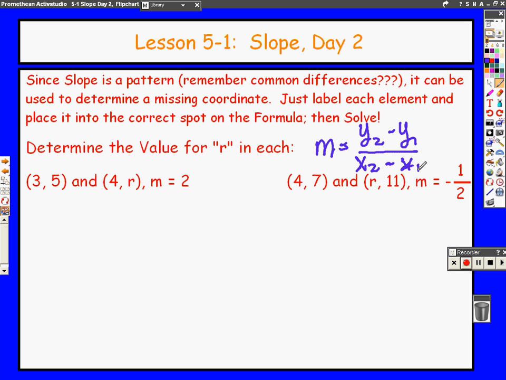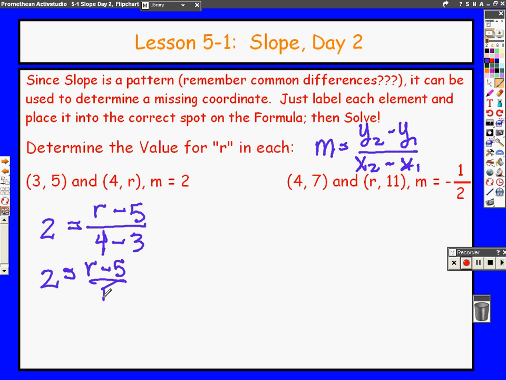Okay? So we're going to use the slope formula and substitute in 2 for m, because that's the slope that goes with my 2 points. And then just substitute in my values into my slope formula. y2 is r minus y1 over x2 minus x1. So I end up with 2 equals r minus 5 over 1.